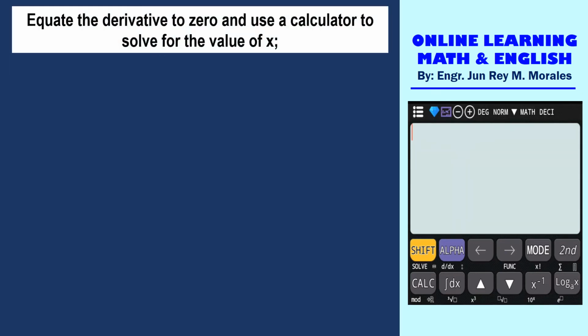Equate the derivative to 0 and use a calculator to solve for the value of x.